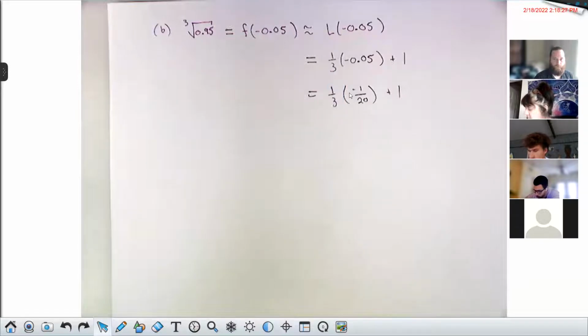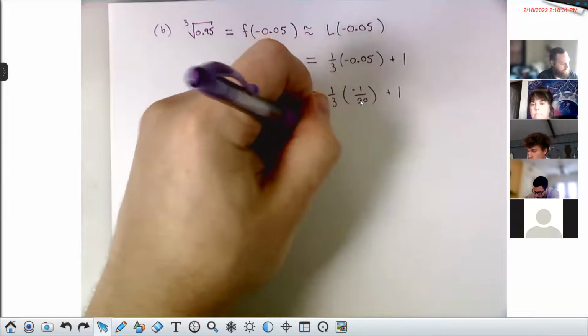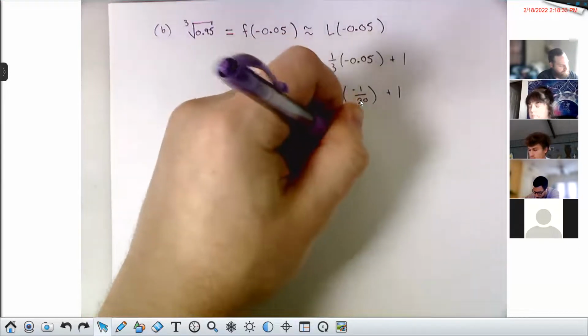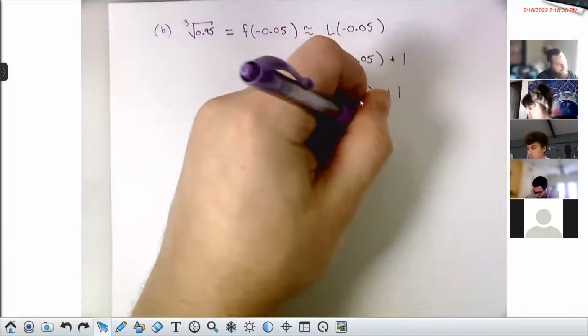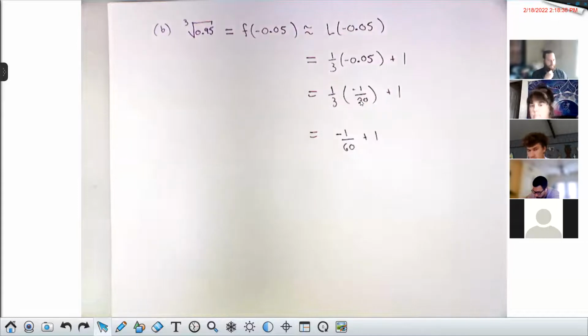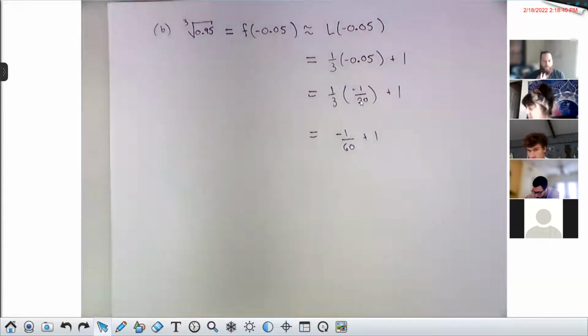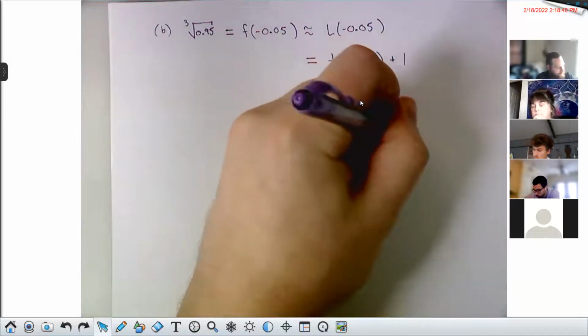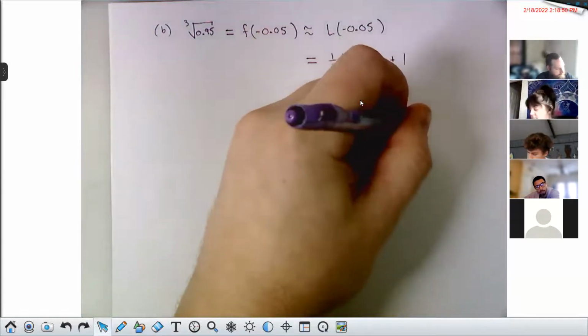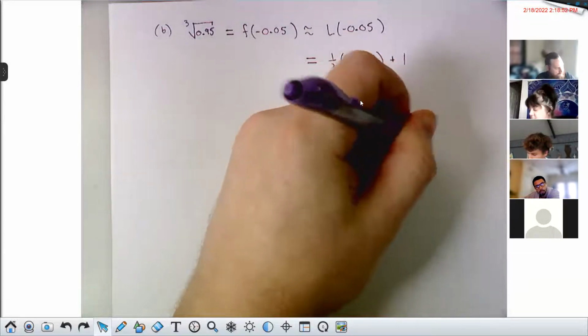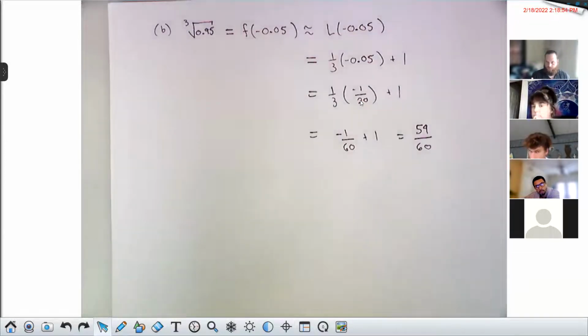And then 1/3 times negative 1/20th is negative 1/60th. And we could write this as a single fraction if we want: 59 over 60. This one is 60 over 60.